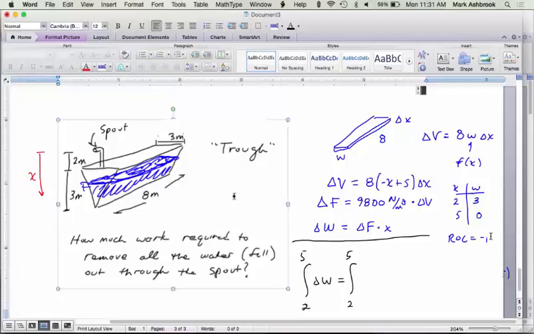If you want the total area, you're going to take the integral of little bits of area. What's our little bit of work? It's going to be 9,800 times 8 times negative x plus 5 times dx times x.